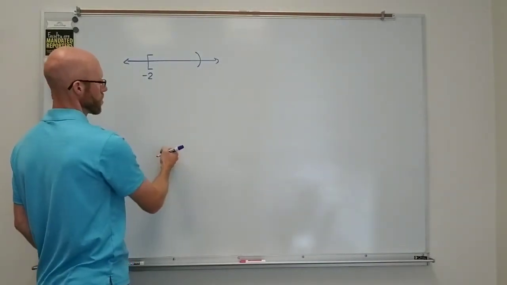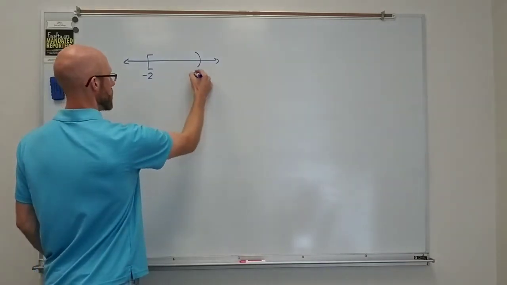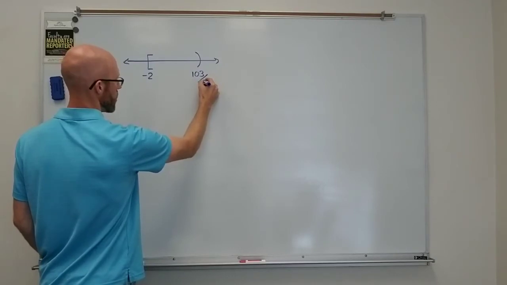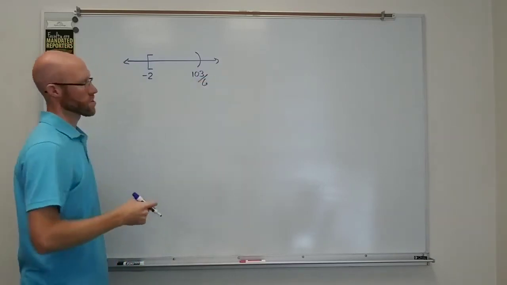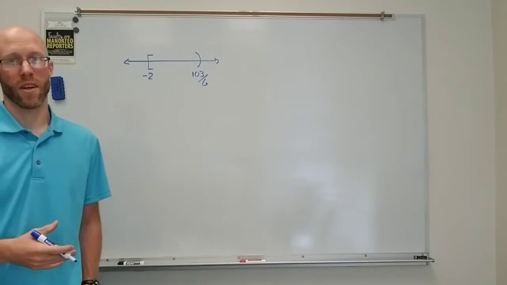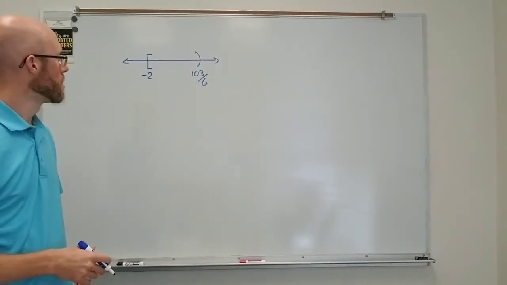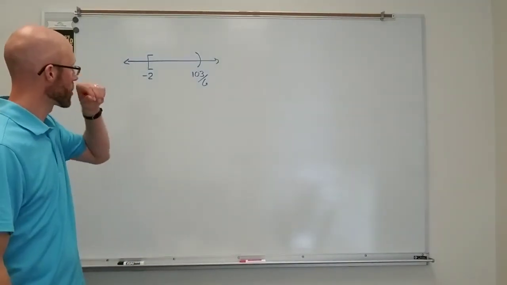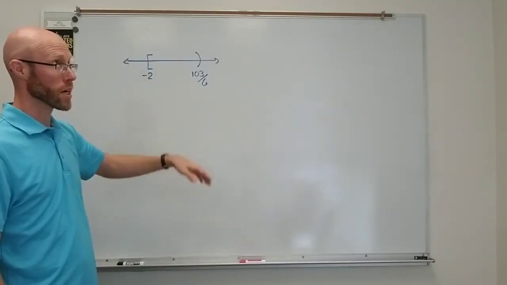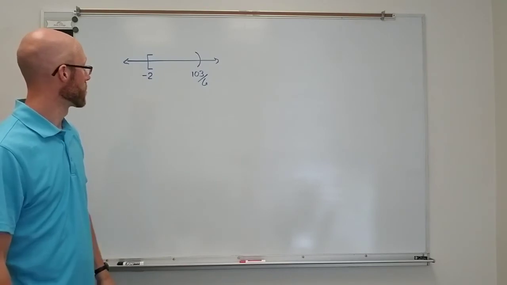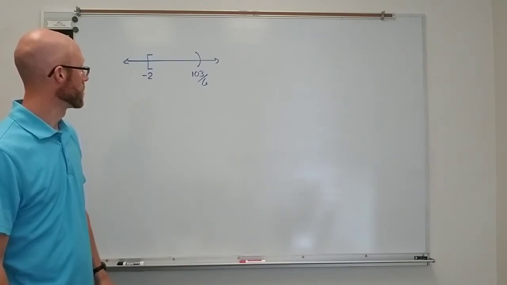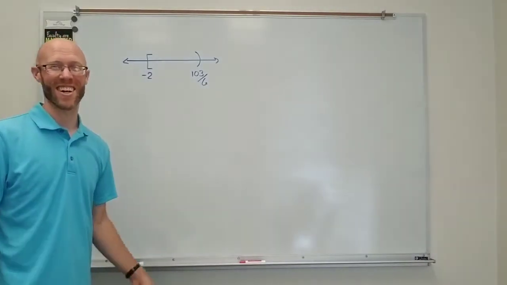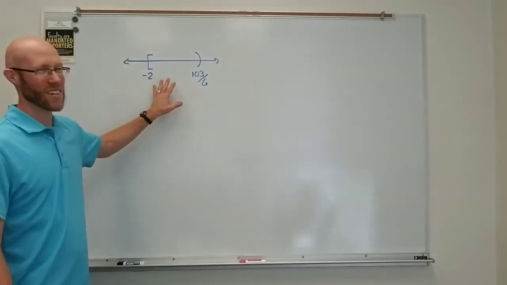Well, let's go with a weird fraction here. Let's go with like 103 over 6 or something like that, 103/6. Now that's a positive number, but it looks weird because it's a fraction, but that's okay. As a mixed number it would be somewhere between 10 and 20. So anyway, it's out there.